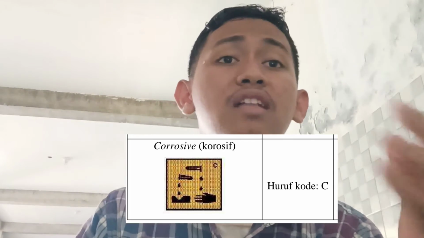One is toxic. Toxic is a substance that can cause death or serious pain when it enters the body through respiration, digestion, or skin. Next is corrosive. This substance can damage living tissue in the body, causing skin irritation and itching.